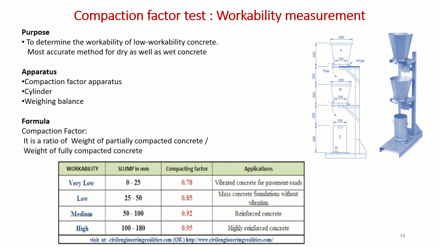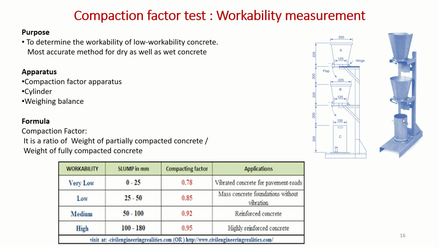If concrete is dry, we get the zero slump, and when concrete has more water, we get the collapse slump. But that limitation is overcome in this compaction factor test. That's why it is considered a very accurate test. Here, how is the compaction factor determined? We take the ratio of the weight of partially compacted concrete to the weight of fully compacted concrete.